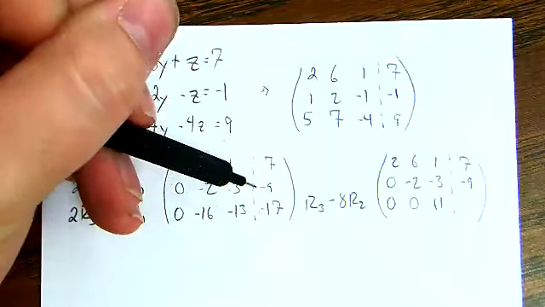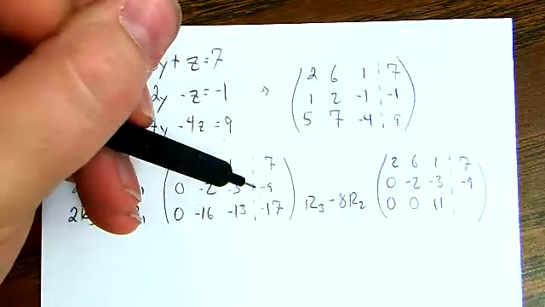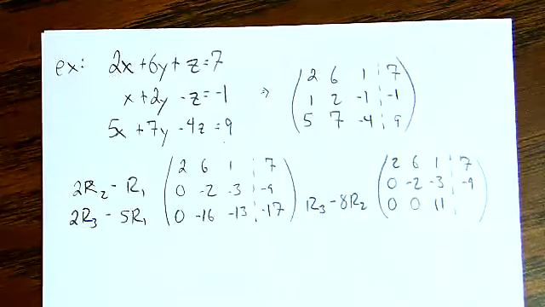And then negative 17 minus 8 times negative 9. So negative 17 plus 72 is 72 minus 17, which is 65 minus 10, 55.